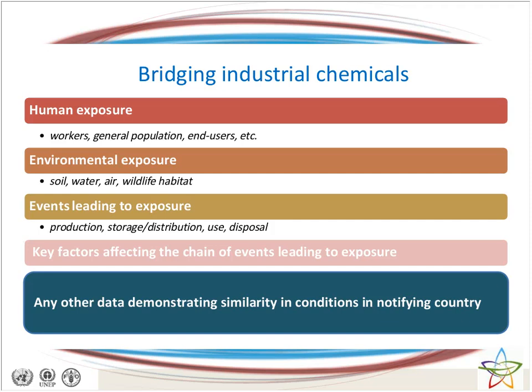And a key factor is to then underline critical events that happen, or it is demonstrated they happened in the country in the chain of events leading to exposure. And these are notably the production, the storage, the distribution, the use, and the final disposal of the industrial chemical at the national level.